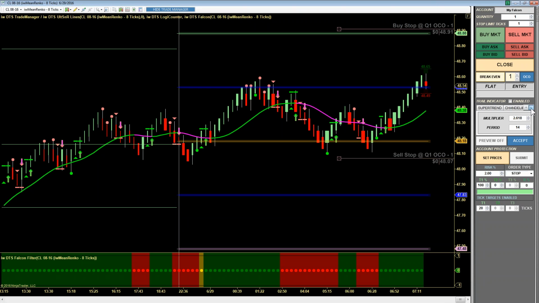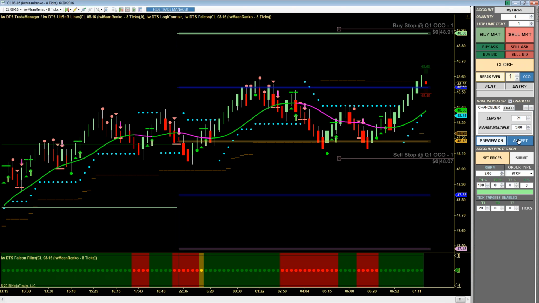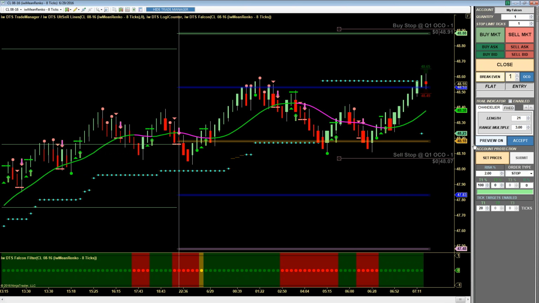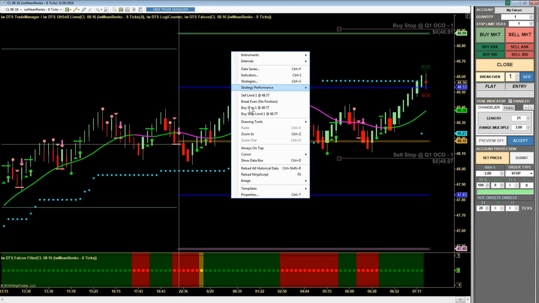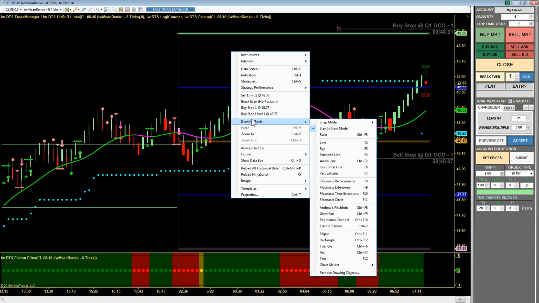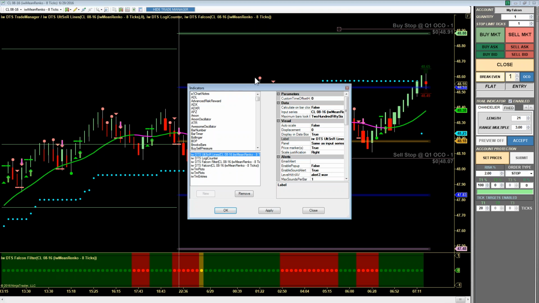I'll also need to go with a stop strategy. Let's see what the chandelier is like. There, we'll make it a little bit more conservative, just because crude oil can get very wild. Well, let's put a Geiger counter on here as well. Indicators, there we go.